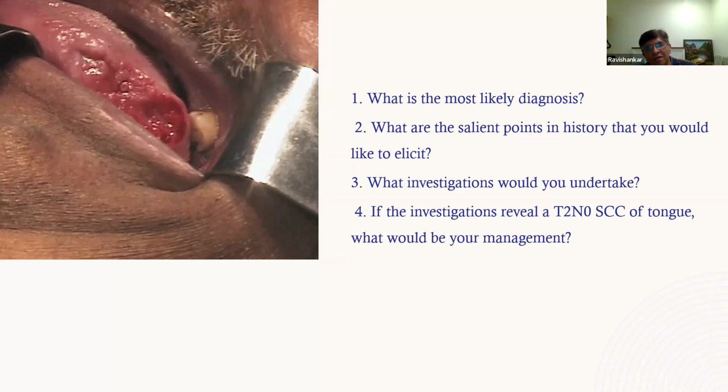Where will you do the biopsy? In the treatment room only we can do it, sir. But if the patient is not cooperative, we have to do it elsewhere. But more importantly, what are you worried about when you are doing a biopsy in this region?